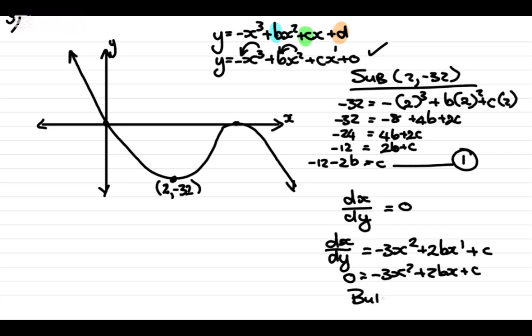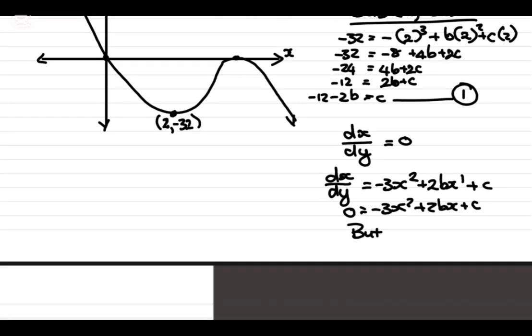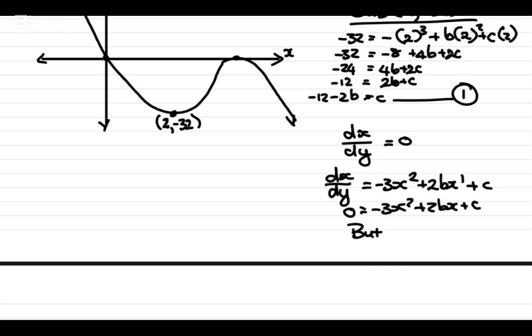But I need to find these unknowns, the b and the c. And do I have an x? I do have an x. So, x is equal to 2. Therefore, 0 equals negative 3 times my 2 squared plus 2b, x is 2, plus c.